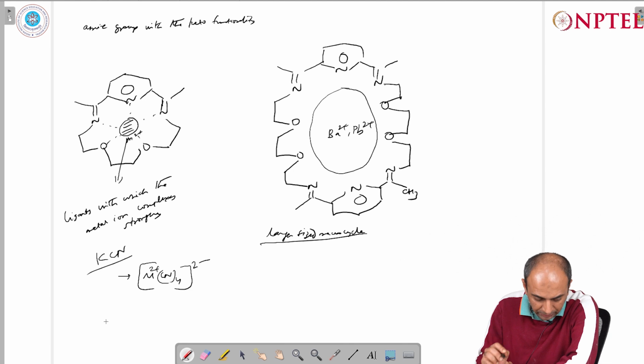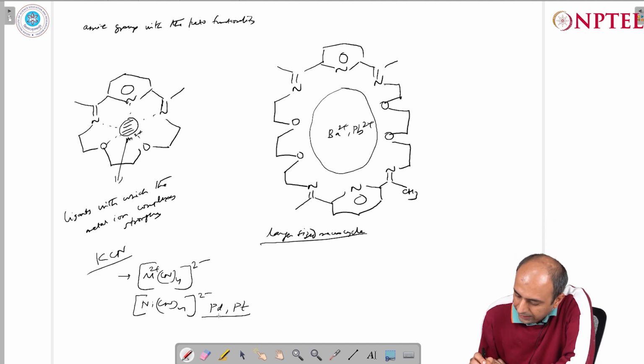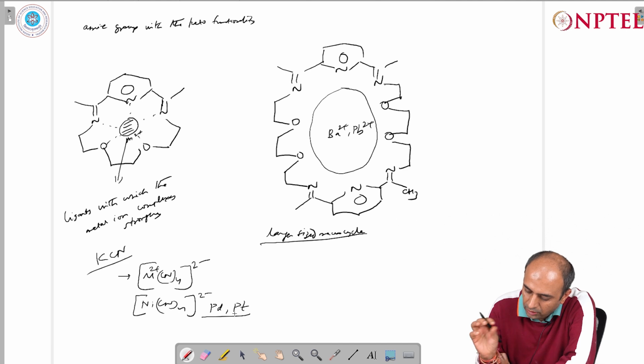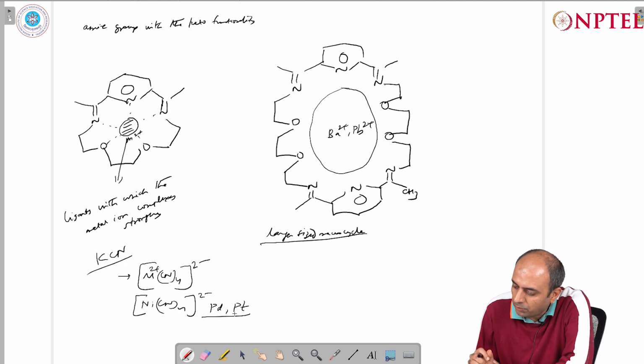So, if you have nickel, it will form [Ni(CN)4]2-, it is very specific for nickel, or if you have palladium or platinum, it will form the corresponding tetracyanopalladate or platinate complexes, and therefore the metal ion can be removed from the macrocycle and the ligand can be obtained.